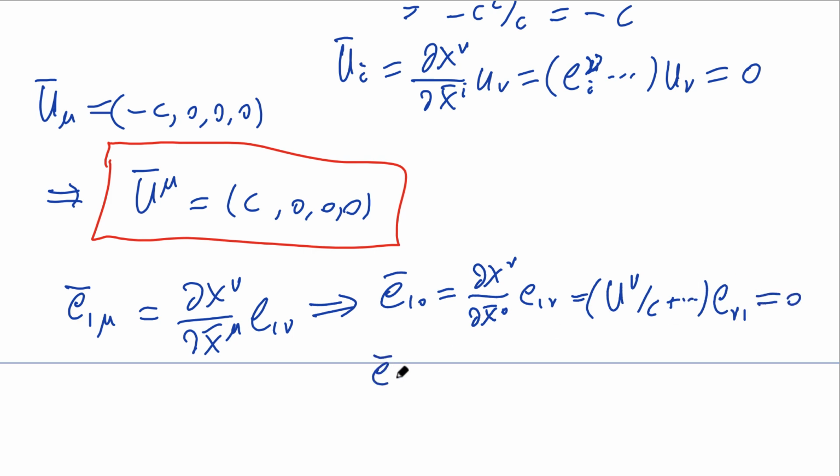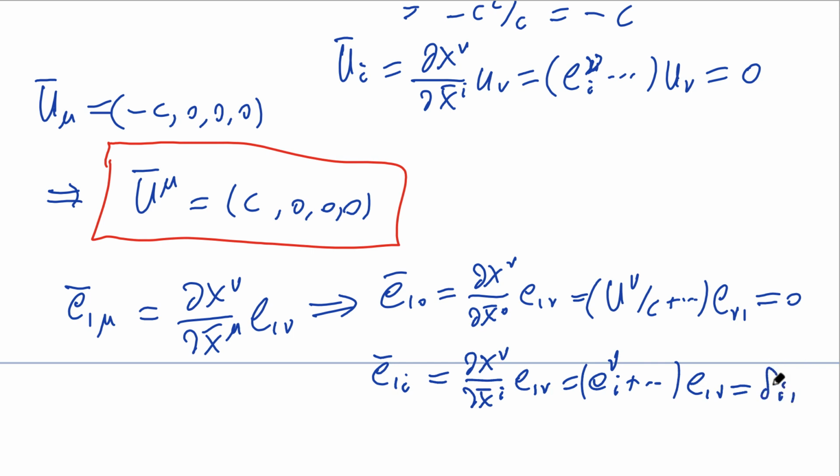For the spatial components of E1, this is partial x nu with respect to x bar I times E1 nu, which is E nu I plus higher order terms times E1 nu. Because the E's are orthogonal, this is just delta I1, and the higher order terms again go away.